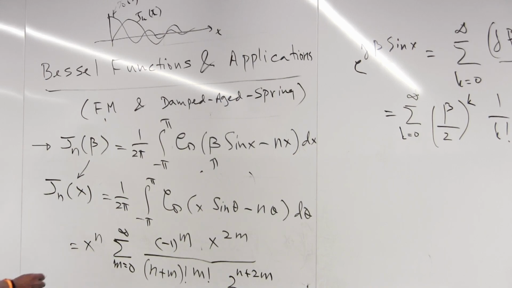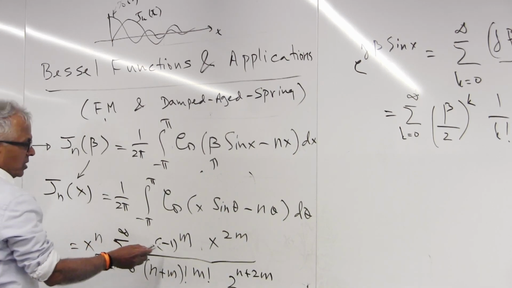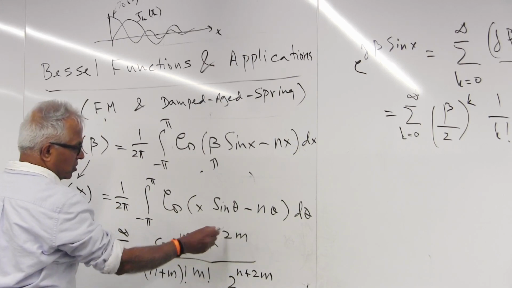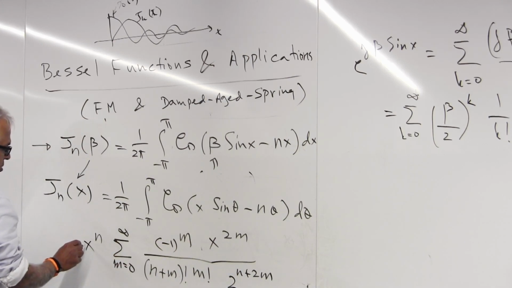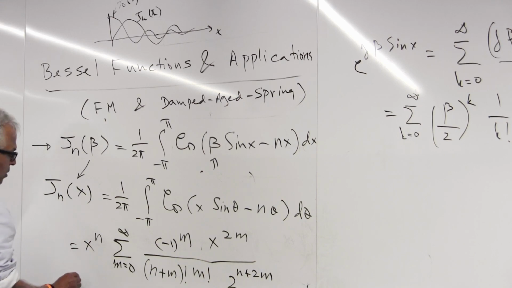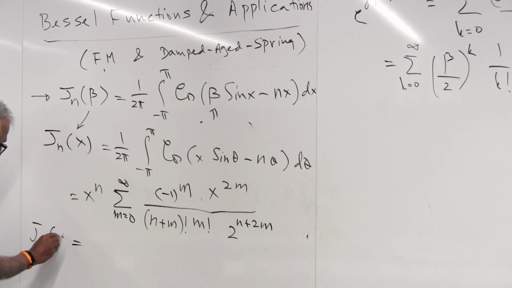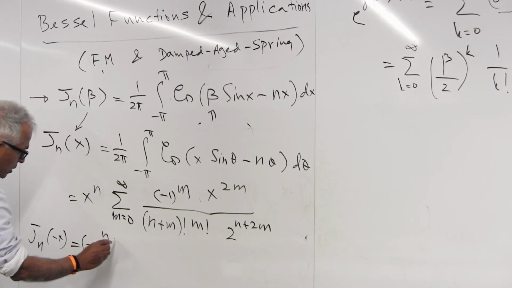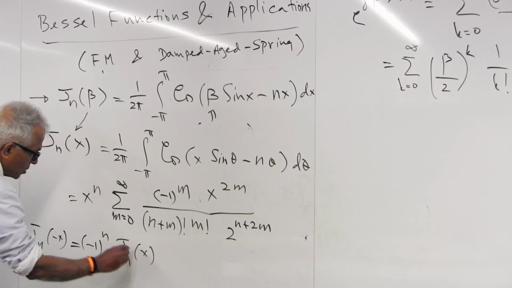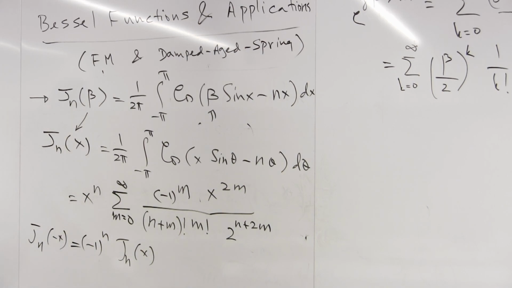So you can see that if you put x equal to minus x, because if x goes to minus x, this will be minus x to the power 2m, so this remains unchanged. The x to the power n goes to minus x, you get a minus 1. So you very clearly see that Jn of minus x is minus 1 to the power n times Jn of x. So that's easy to see from this power series expansion.